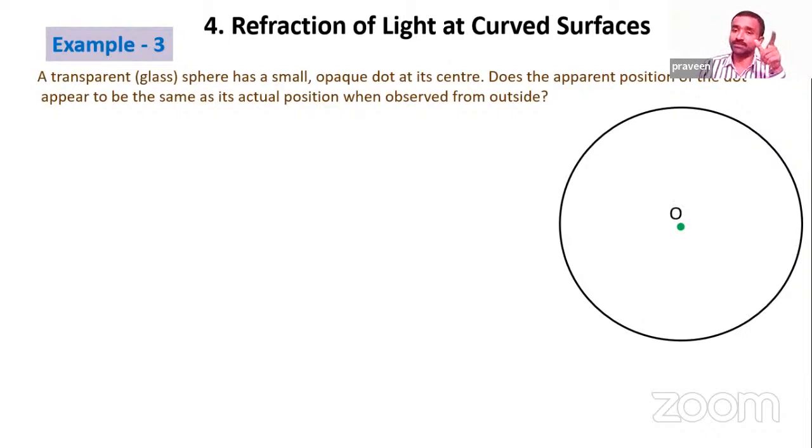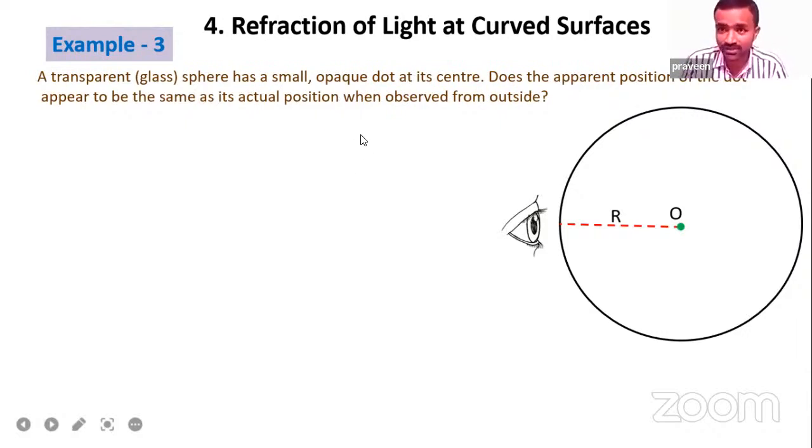So here the object is located at the center. I connected that object, the center of curvature, with the boundary, which gives the radius of curvature. I am observing that opaque dot from outside the sphere. Then the apparent position of the dot appears to be the same as the actual position or not, that we have to decide.